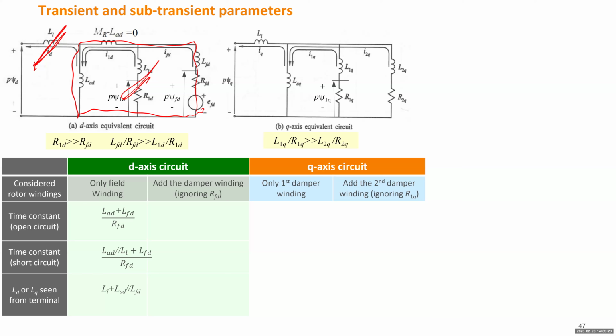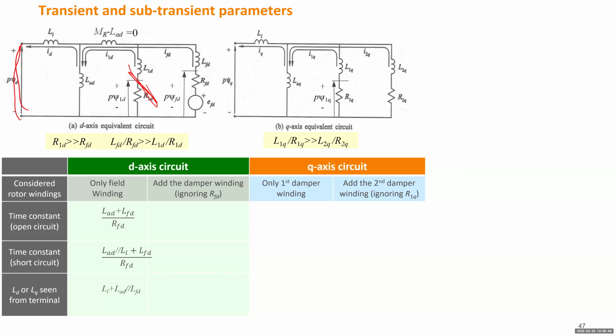Okay, second one. If we add a short circuit, we have a line connecting this terminal, but this one is still open. What is the total R?